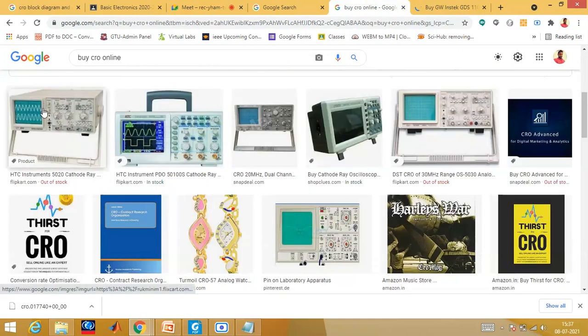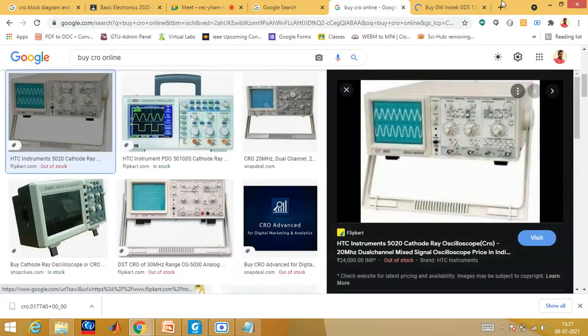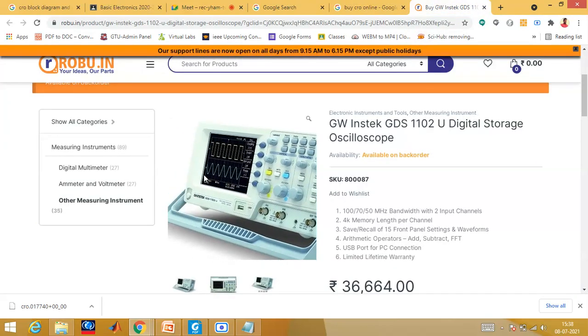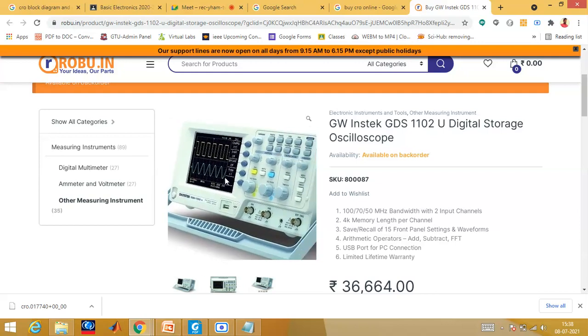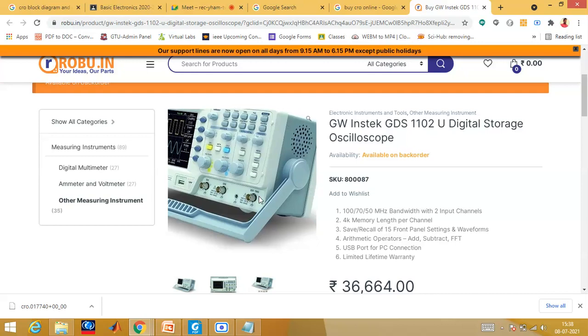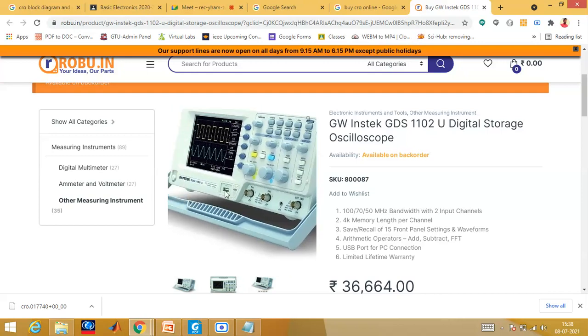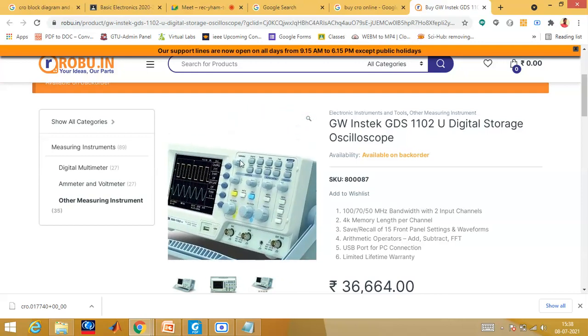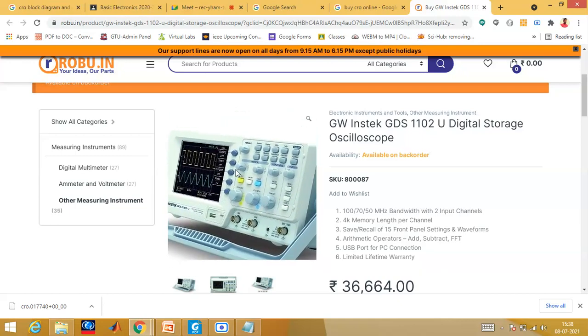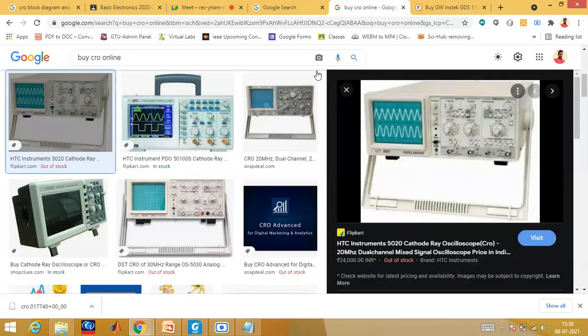This CRO is out of stock, but it is present on Flipkart. What I want to show you is this button, which is for the external signal, and this one is for connecting to the probe. There are several buttons placed which we have discussed, x axis, y axis and so on.